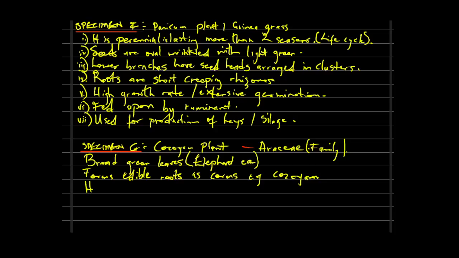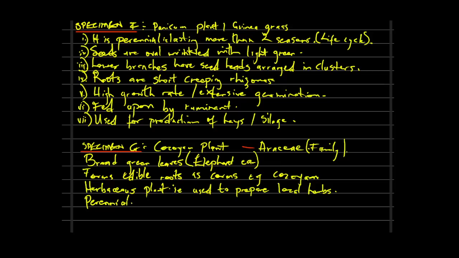It is herbaceous, so it can be used for local herbs. It is a herbaceous plant used in the production of local herbs. And then we said that it is also a type of perennial crop.